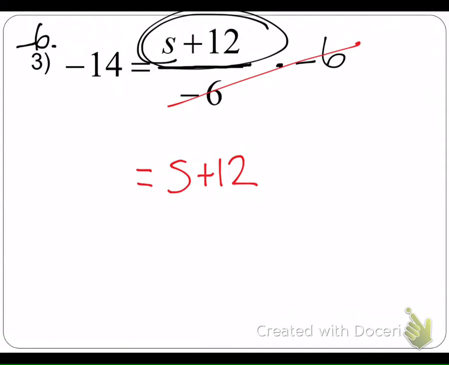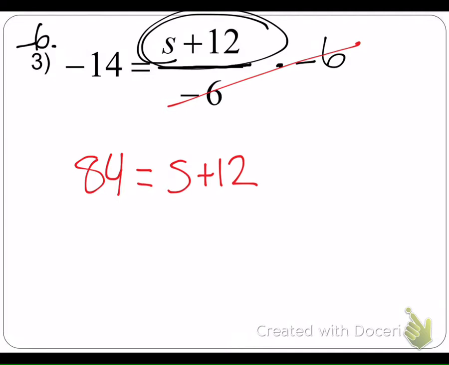Well, it's a negative times a negative, so we know it'll be a positive. We're multiplying. Negative 6 times negative 14. 84, yep. All right, any questions on that step?